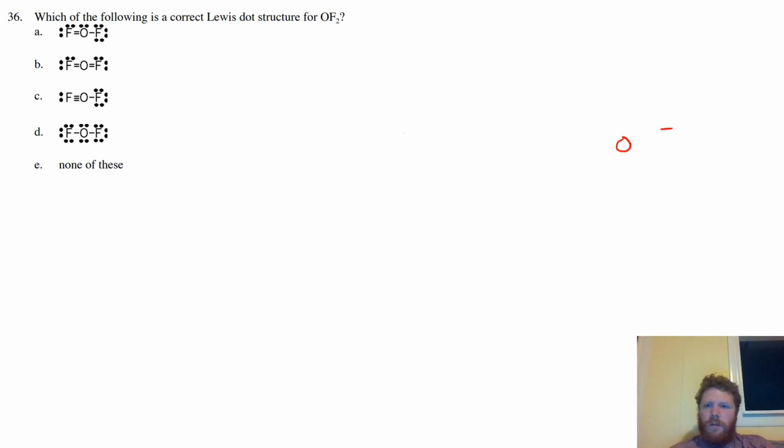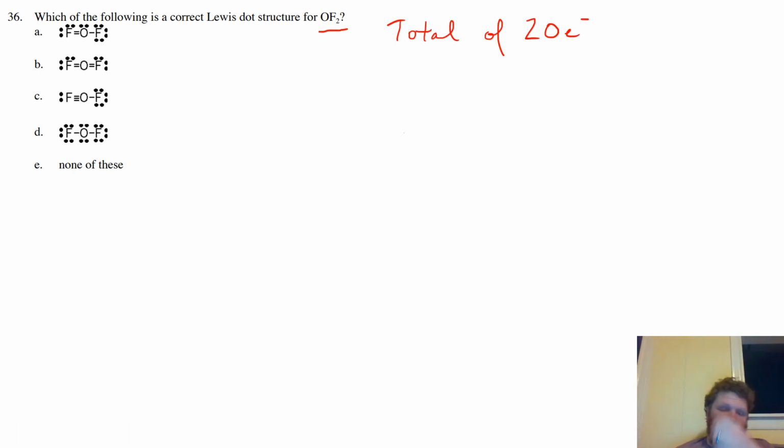So I'm going to erase this and rewrite it. We have a total of 20 electrons. What we need to do is figure out the spatial organization of these 3 atoms, OF2. Well, we can deduce that oxygen is our central atom due to the fact that it is furthest left on the periodic table.